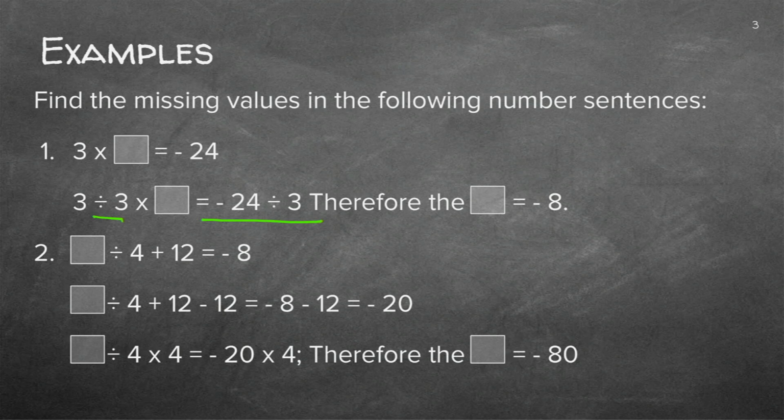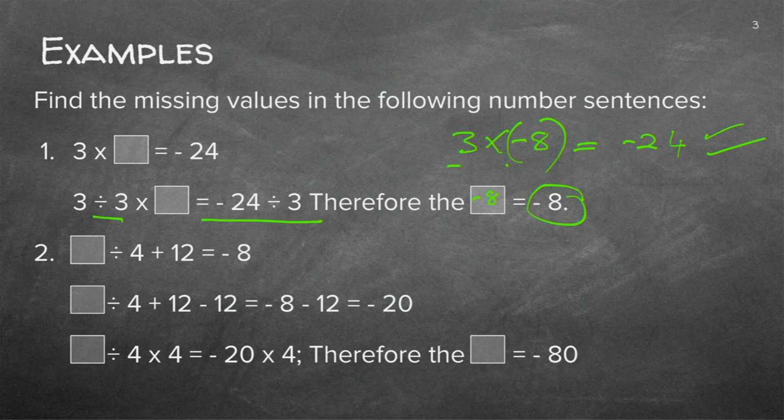Therefore, if we divide minus 24 by 3, we get minus 8. So the value of this block is minus 8. Okay, so if we want to check our answer, 3 times minus 8 equals minus 24, and that is correct.